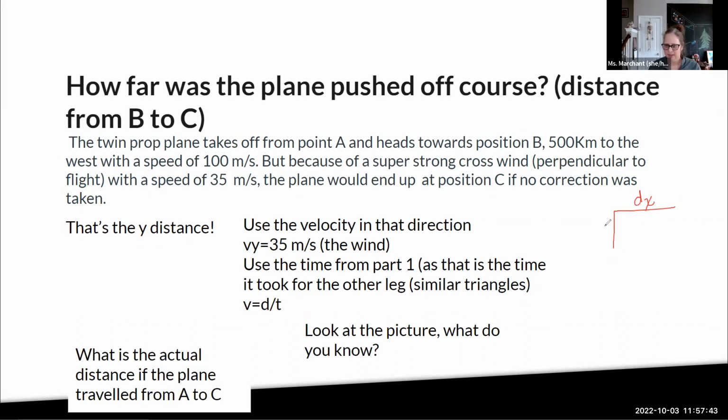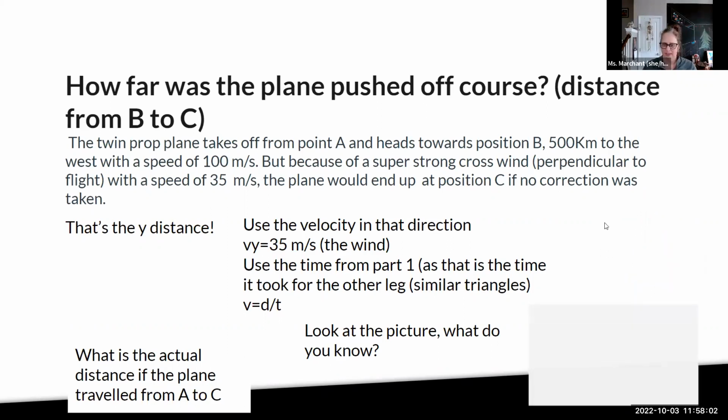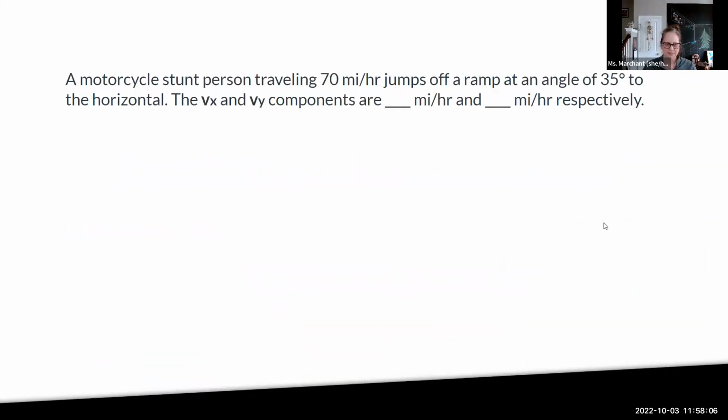Well, we know the distance in the X, we know the distance in the Y, so we just need to find our C. dy squared plus dx squared is equal to C squared. Same methodology every time, even if it's described differently. And there's just that little picture again to help you out.